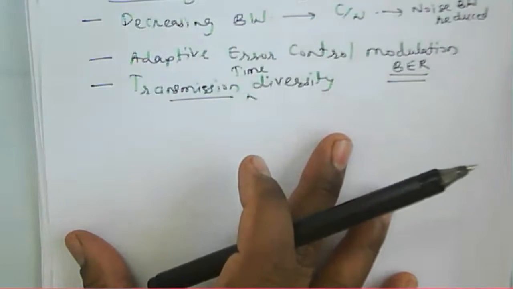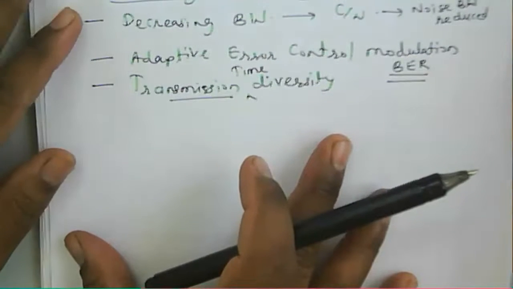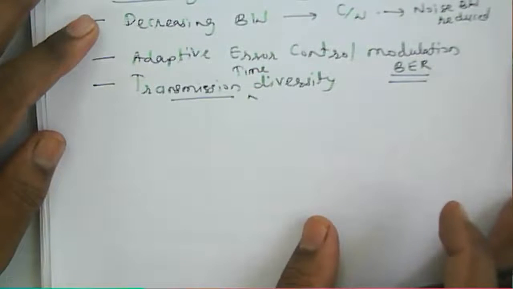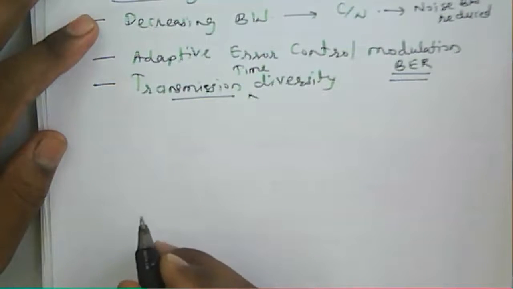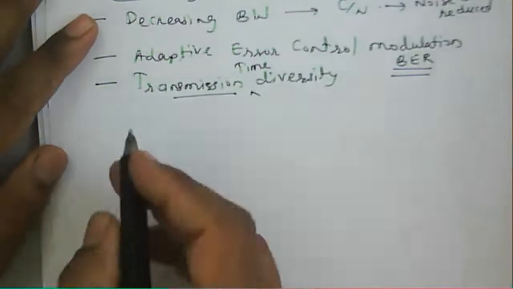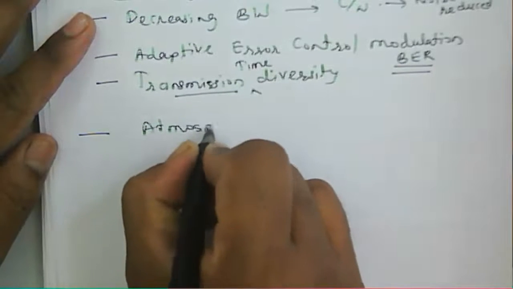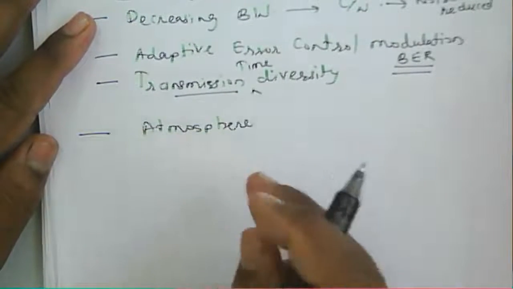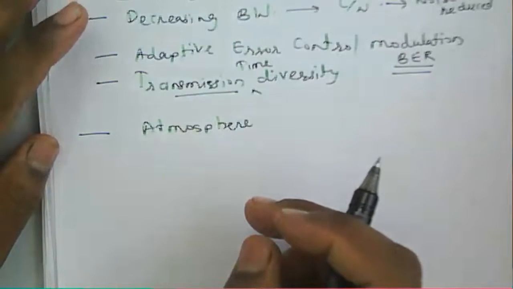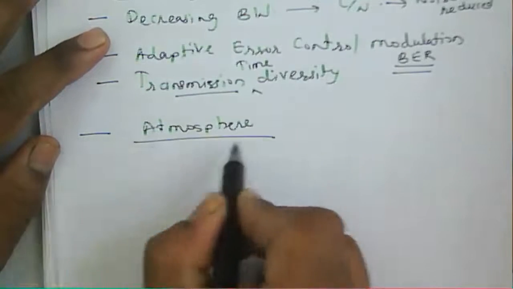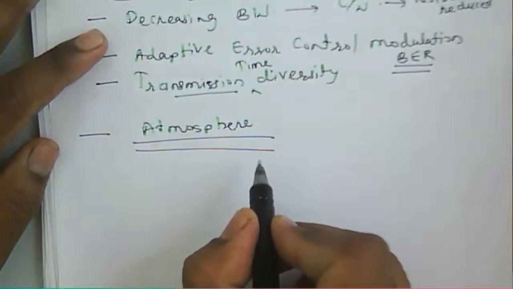So now in this propagation, we have considered whatever changes occur in the particular signal transmission, depending upon the atmospheric surroundings.